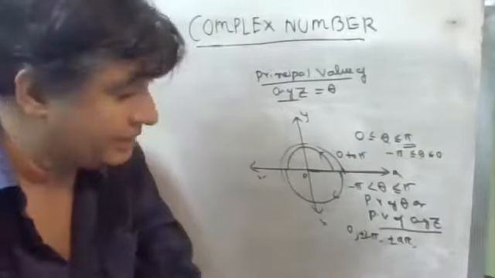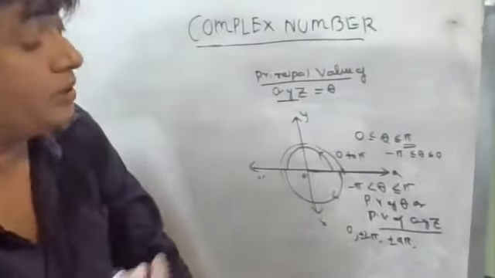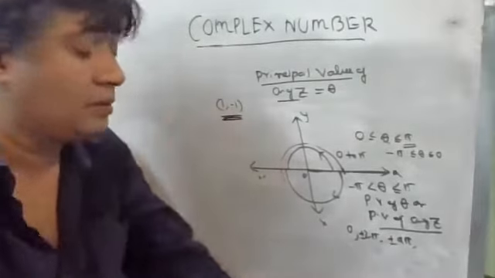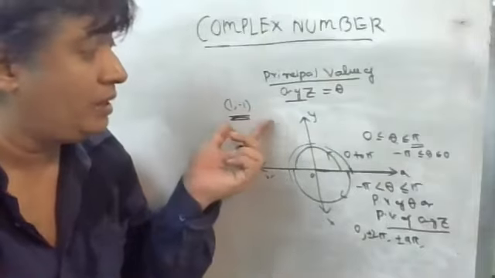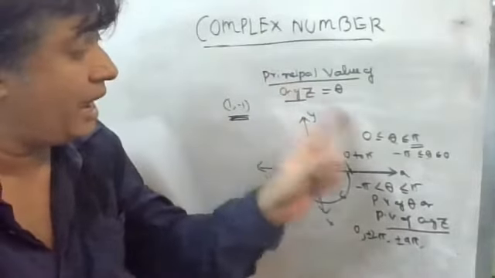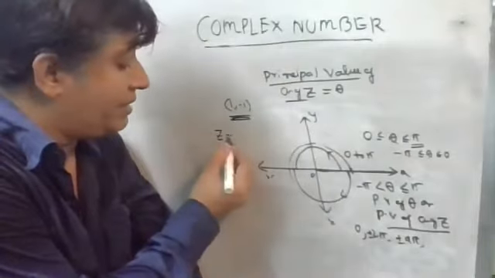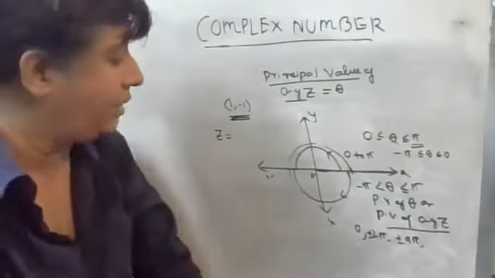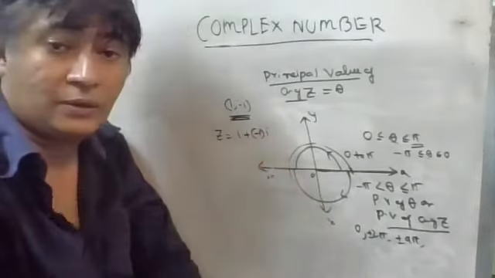Let's take one point, say (1, minus 1), and you are told to find its polar form, and first to find the argument of z. First you express this in standard form: 1 plus (minus 1) into i.